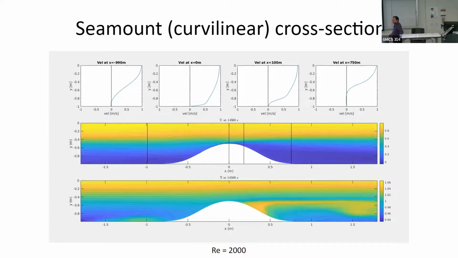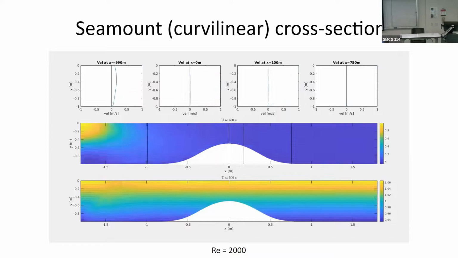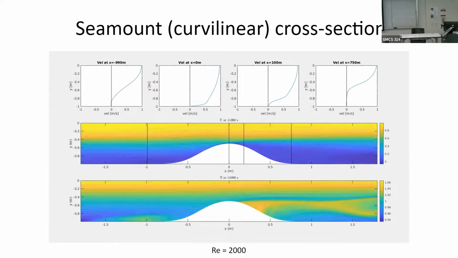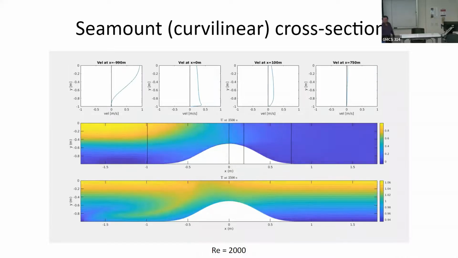This is laminar flow of water, an underwater seamount. There is the current coming through here. And the important thing is that in this part it's not really laminar.